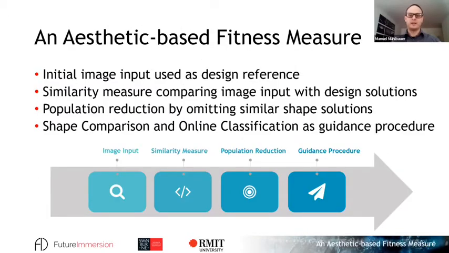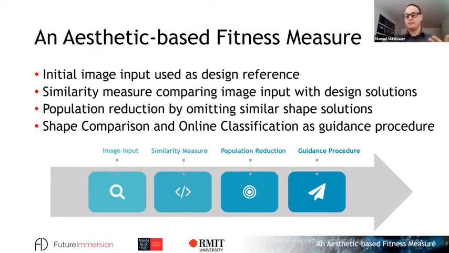An aesthetic-based fitness measure is necessary to guide the user through the process of generating different shapes and exploring them. First, an initial image input is introduced by the designer as a design reference, because in architecture, designers like to work with those kind of references.